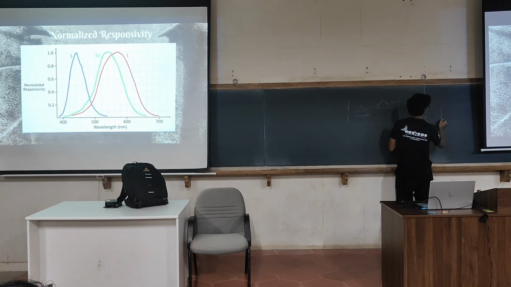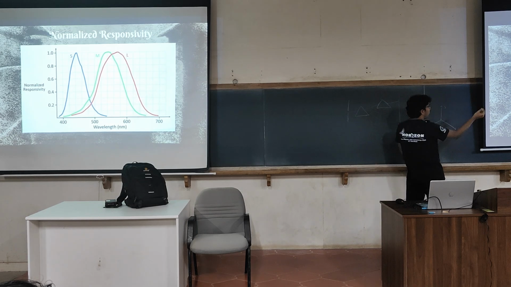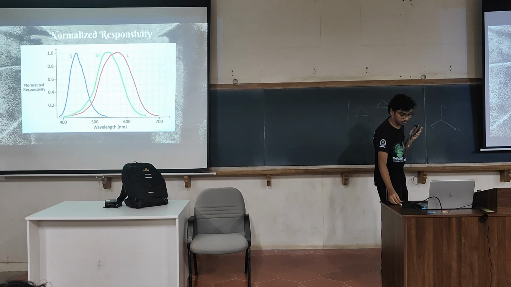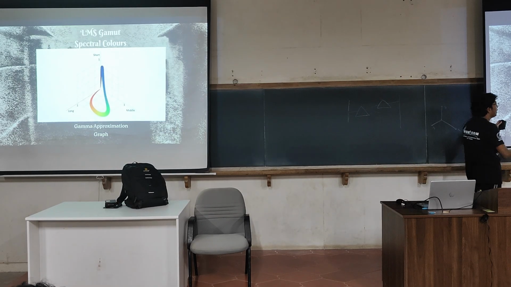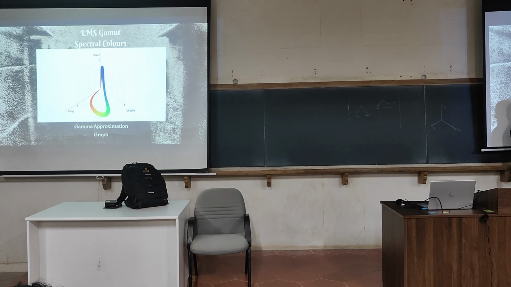In my space, this is L, the excitation of the L cone, this is M and this represents S. Now I am going to plot the excitation of each and every single color and look at how they are. This is how the colors are distributed in the LMS space. The space created by these three axes is called the LMS space, and these are the spectral colors.